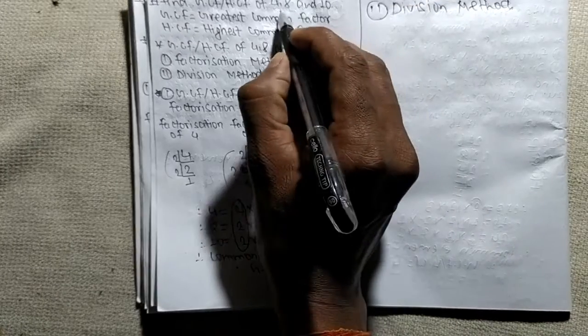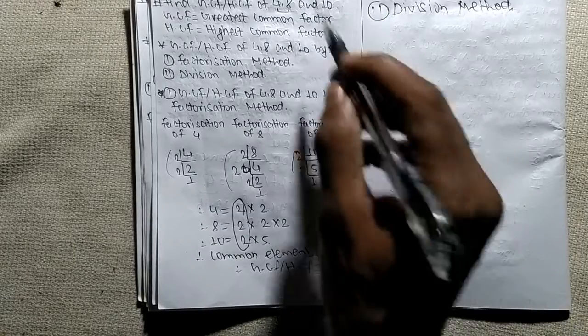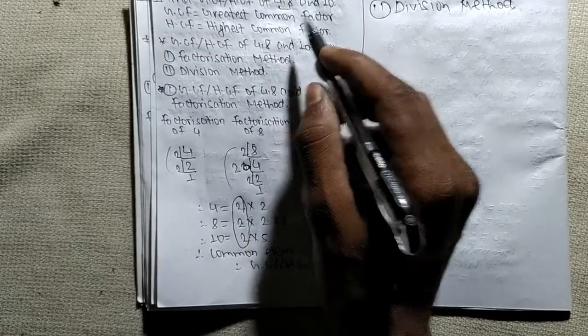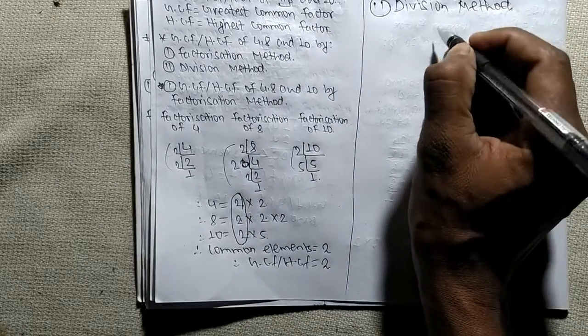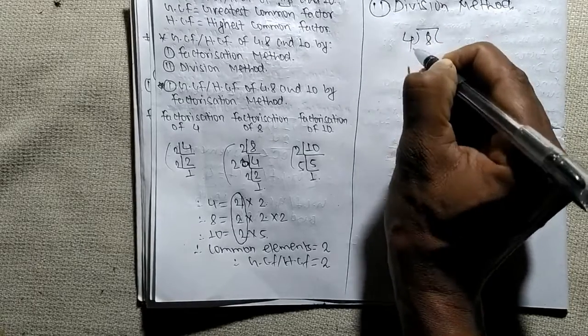So look here, first let's take the two numbers 4 and 8. In 4 and 8, 8 is greater and 4 is lesser, so we take the greater number 8 and divide it by the smaller number 4.